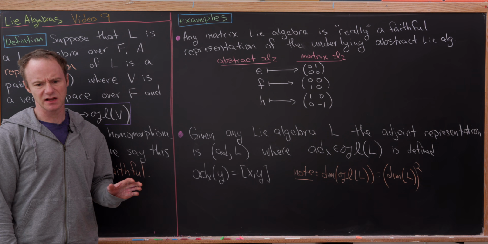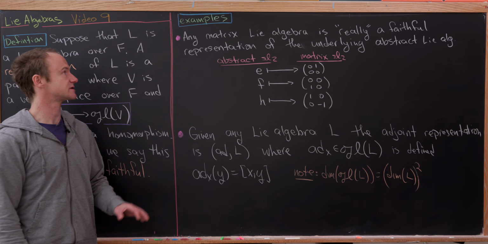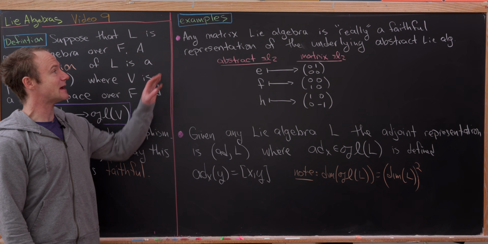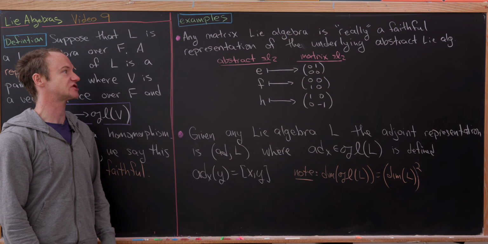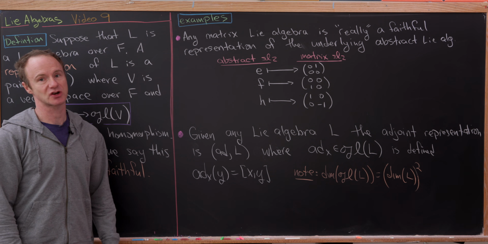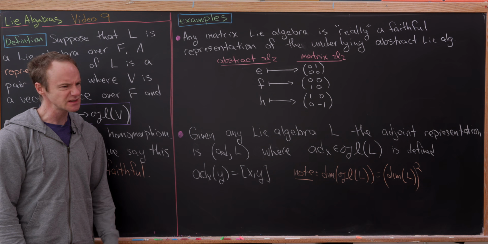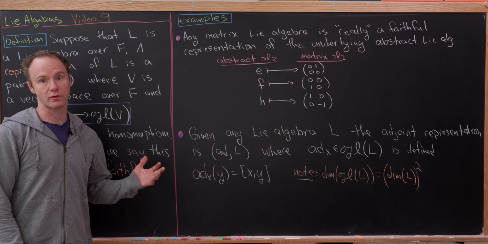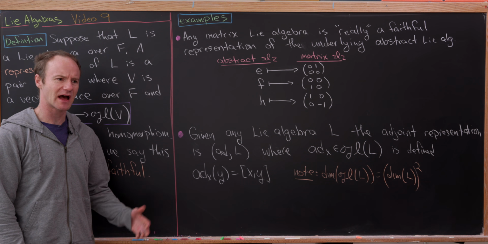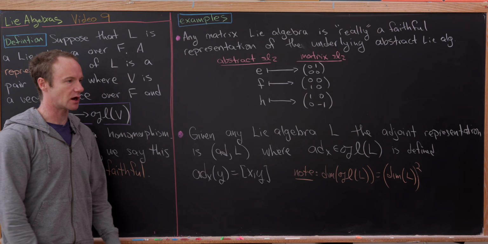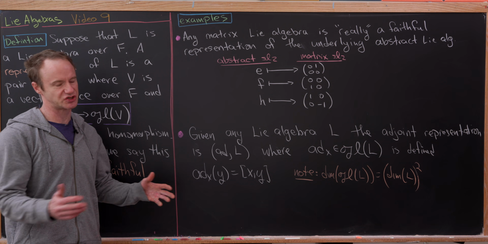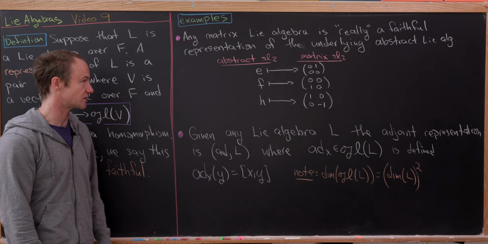So let's look at a couple of basic examples. Any matrix Lie algebra is really a faithful representation of the underlying abstract Lie algebra. Often we'll just work with the matrix Lie algebra, but I like to think of it as abstracted beyond that, and what we're viewing is just a representation.